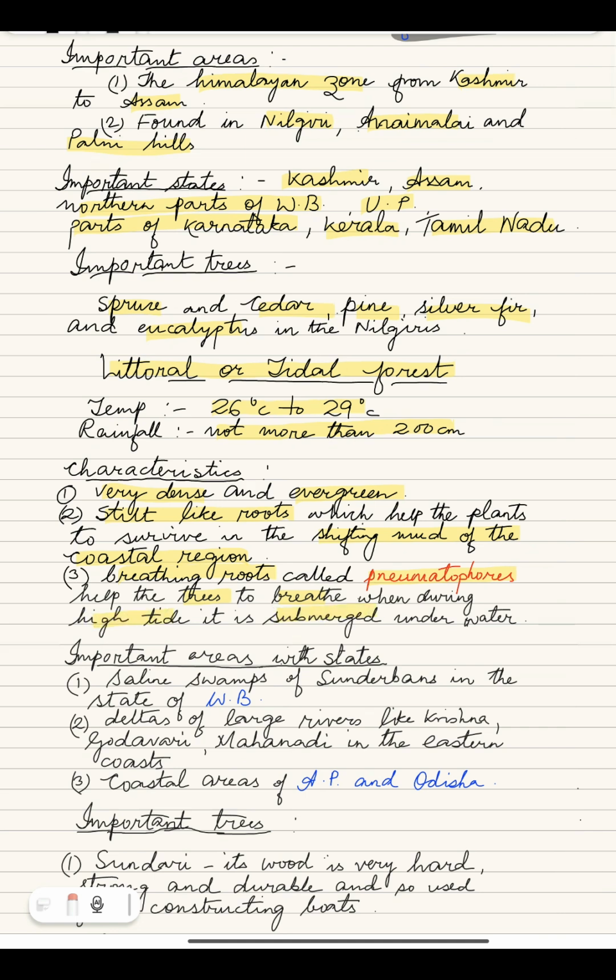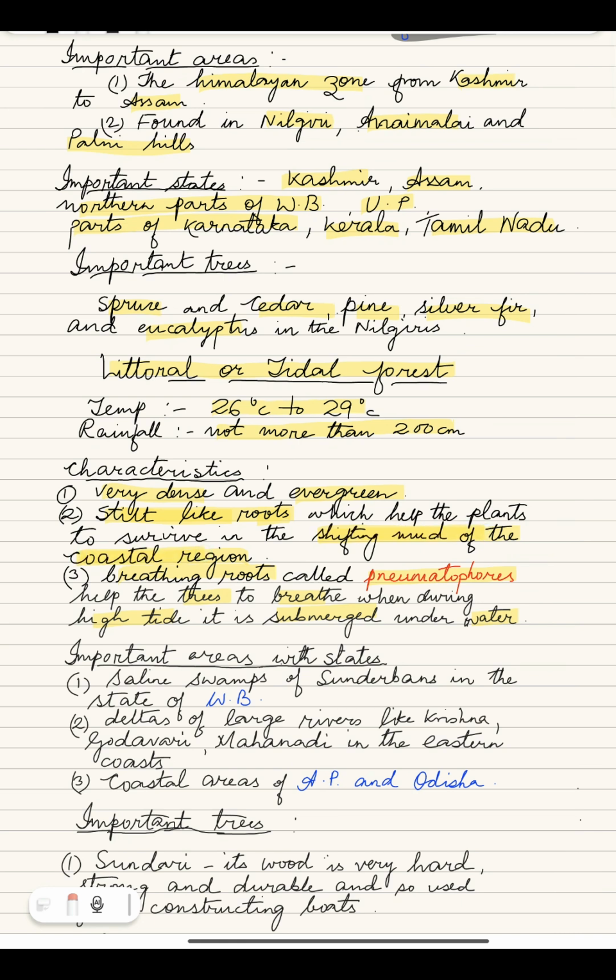Now children, after high tide, when low tide starts, the water pushes back with high force. The velocity is more. So these stilt-like roots help the plant to survive in the shifting mud of the coastal region.